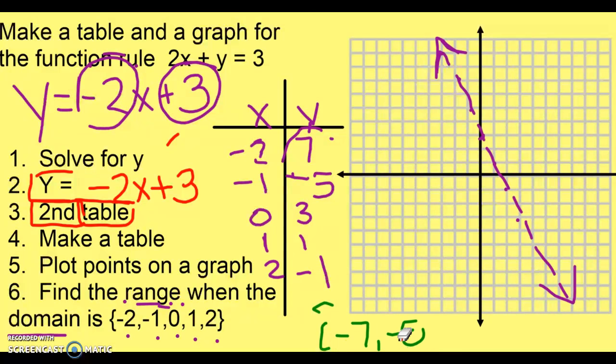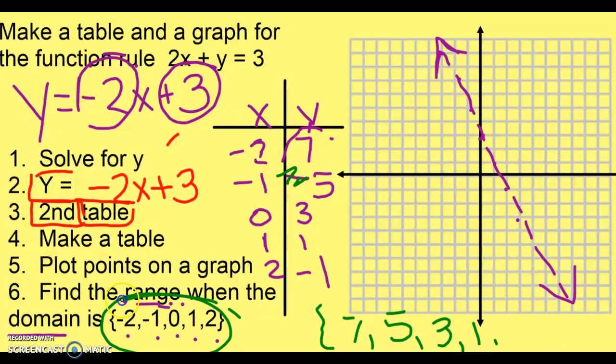I'm sorry, is that negative 5? No, it's positive 7, sorry. 7, 5, there's no negative there. 3, 1, and negative 1. And there you go. You took your domain, and you wrote out your y values, which are your range. All right, let's go on to another one.